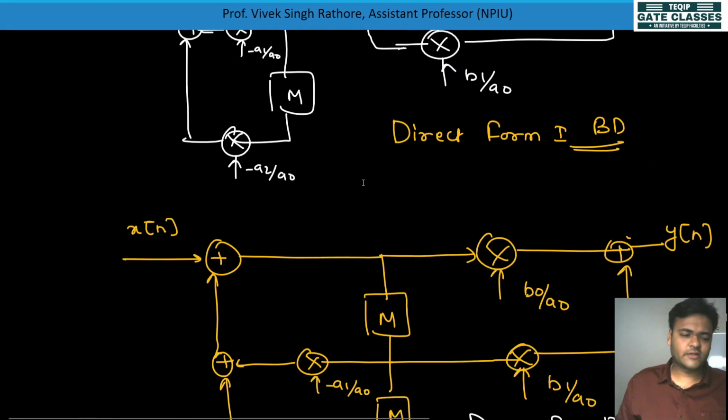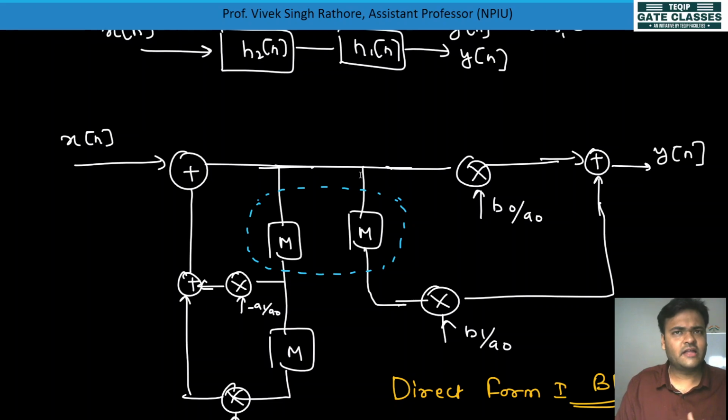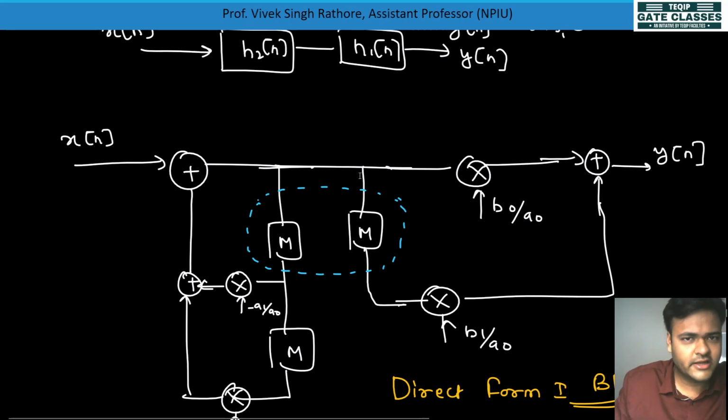So we'll meet in the next lecture with a new module, that is DTFT, and then we'll study DFT also. Phase delay, group delay, and all will be covered in the last module, which will be in the next lecture. And I think not more than four or five lectures are required now. So we'll see you in the next lecture.